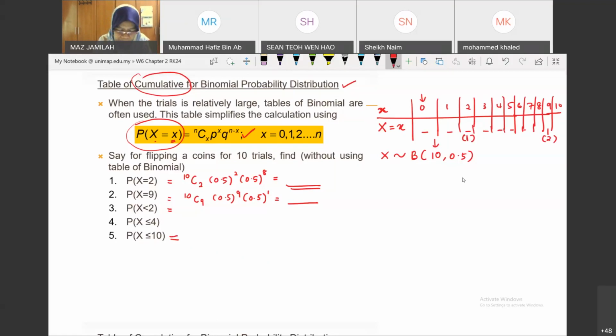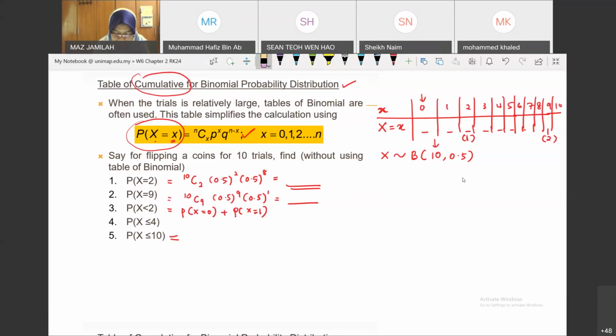Now, when we say X less than 2, it means that we are talking about P(X = 0) plus P(X = 1). Less than 2, 2 is not included, so we stop at x equal to 1.